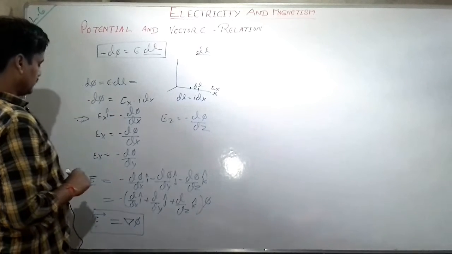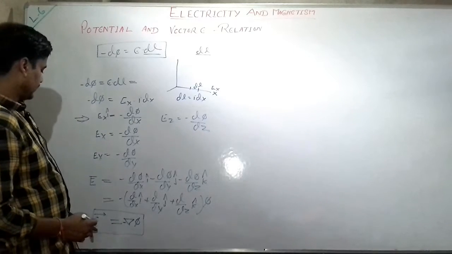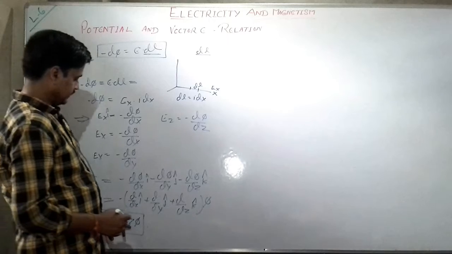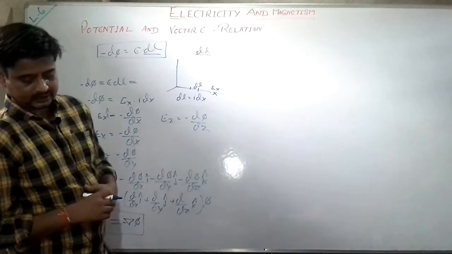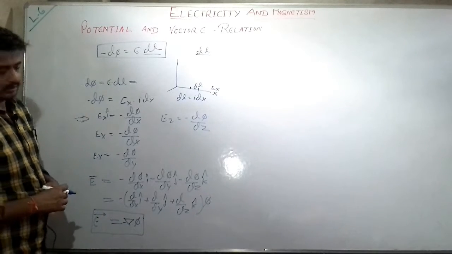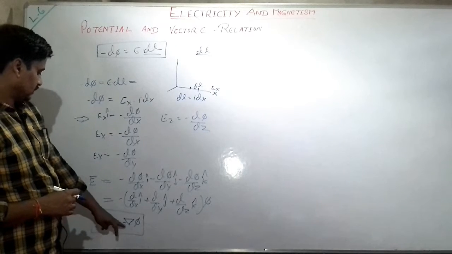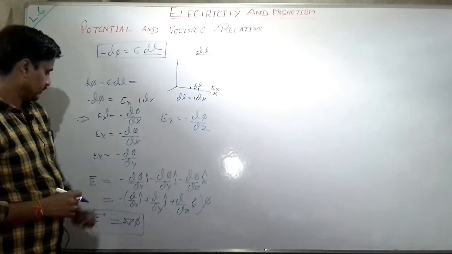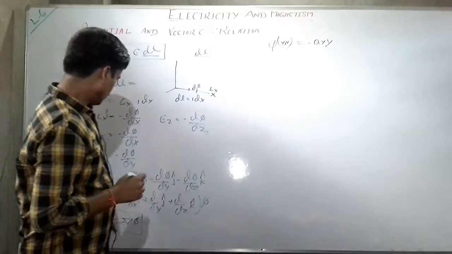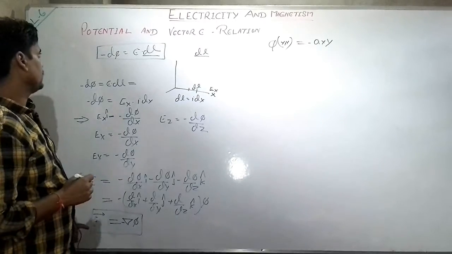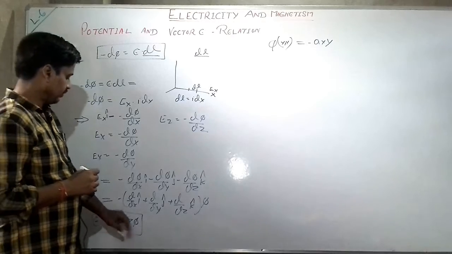So this is the connection: electric field E equals minus gradient of potential. So the relation between potential and vector field E is E equal to minus gradient of potential.